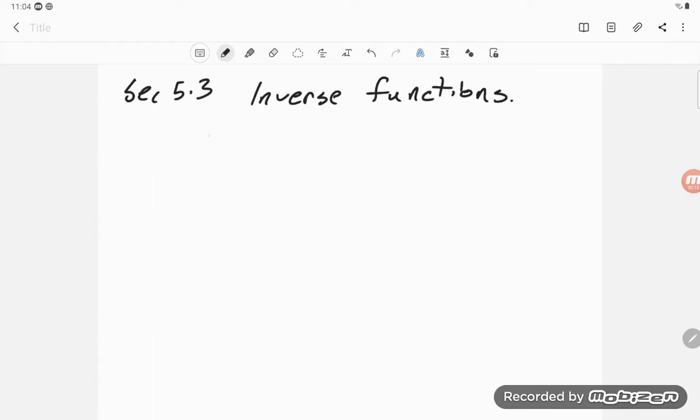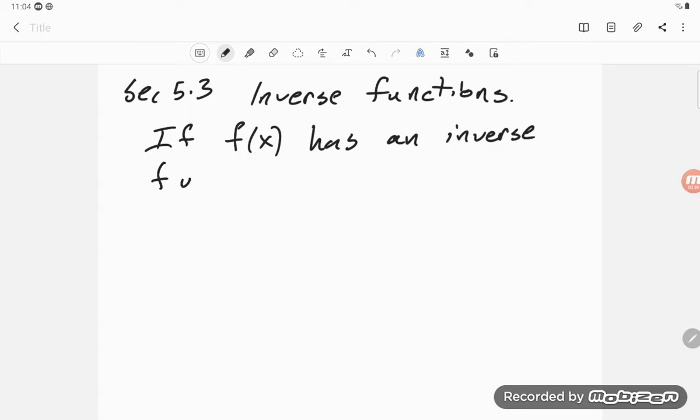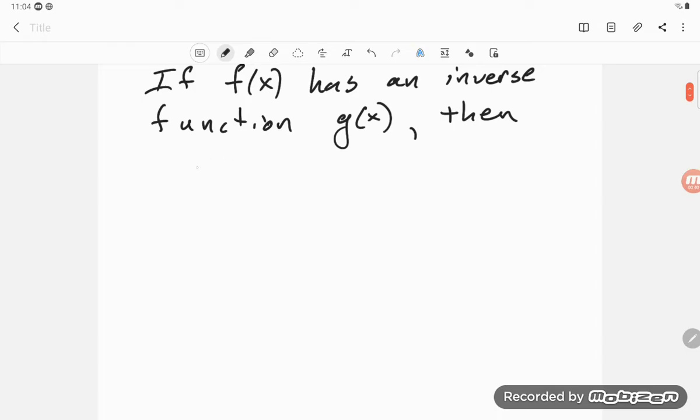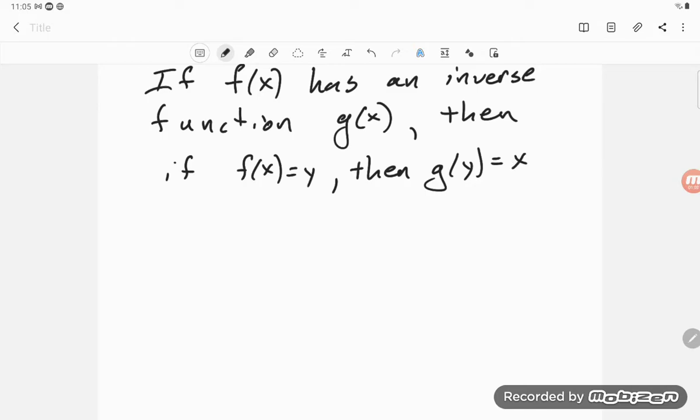So if a function f of x has an inverse function g of x, then what is true would be that if f of x is equal to y, then g of y is equal to x.